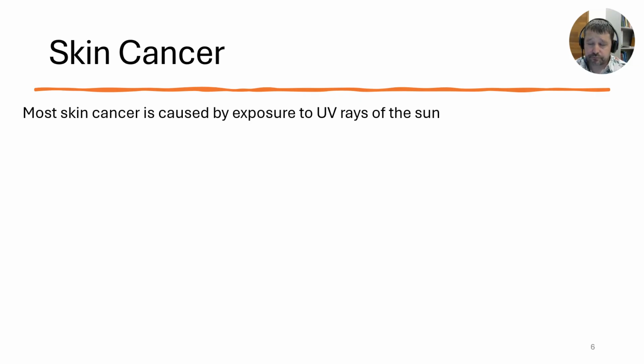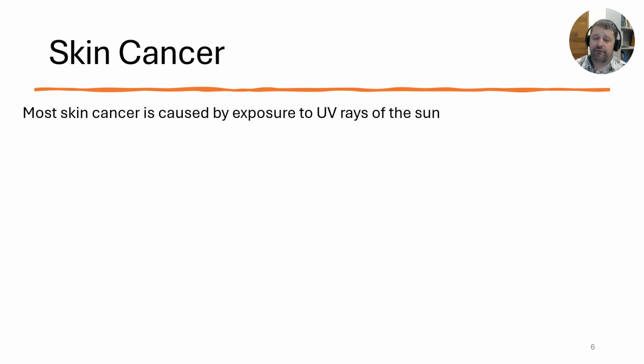So most skin cancers are the result of UV radiation or UV rays from the sun. Okay, I talked about this a little bit before. When UV penetrates the nucleus, interacts with DNA, it causes what we call thymine dimers. Okay, it can cause other things, but thymine dimers means that thymine binds to itself. Normally thymine, that nitrogenous base, binds to adenine.